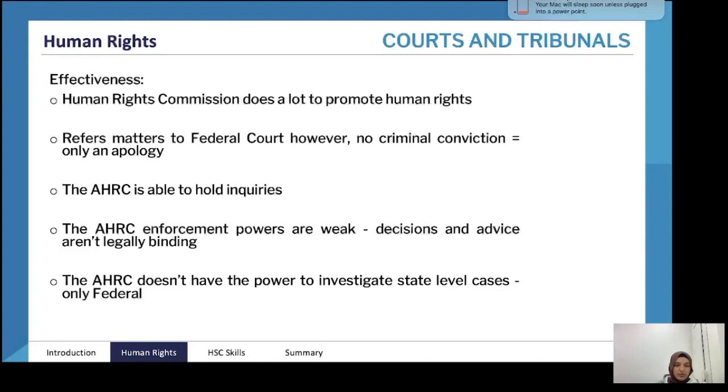The Australian Human Rights Commission is able to hold inquiries, but its enforcement powers are weak, so decisions and advice aren't always legally binding. That is a bit of an issue that needs to be addressed. The AHRC doesn't have the power to investigate state-level cases, only federal. All right, so that's something to note as well.